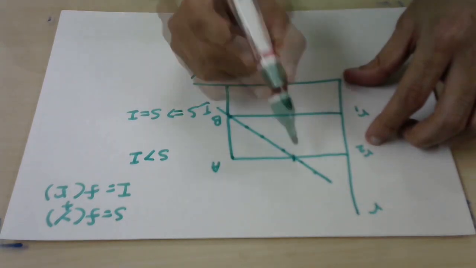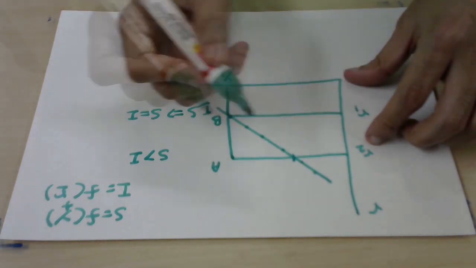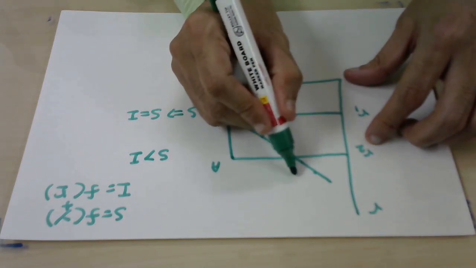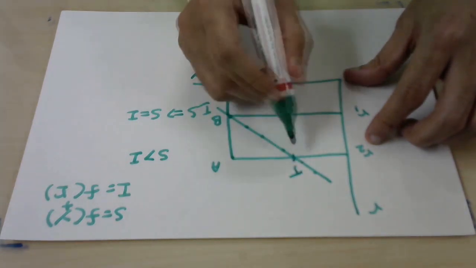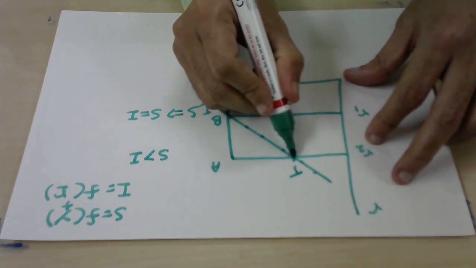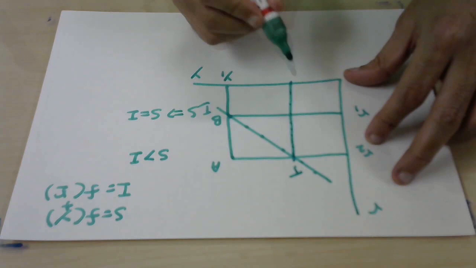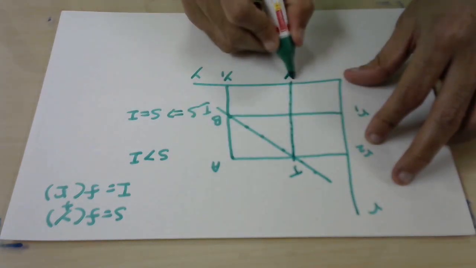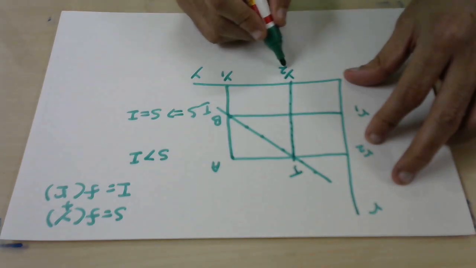Now we can see what is happening at point A with reference to another point, say point T on the IS curve. If you compare point A and T, what are you finding? Both at point A and T, interest rate is the same, which is R2, but T corresponds to a relatively lesser level of GDP.